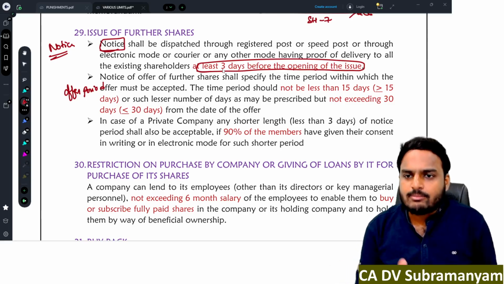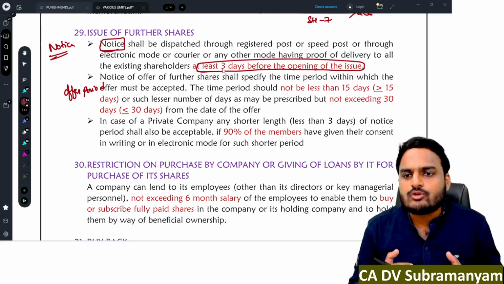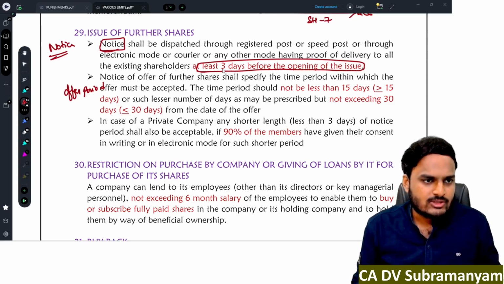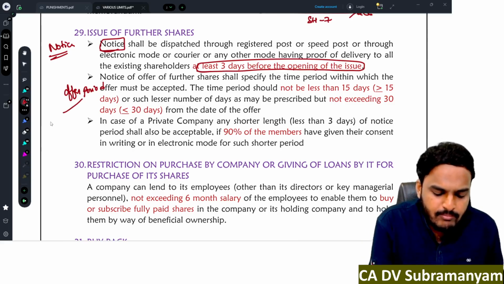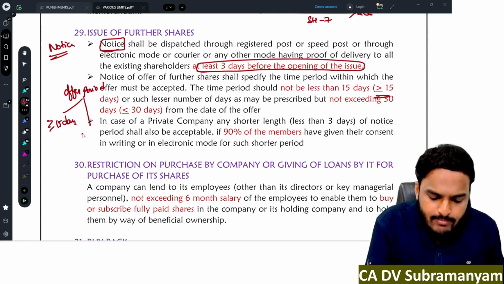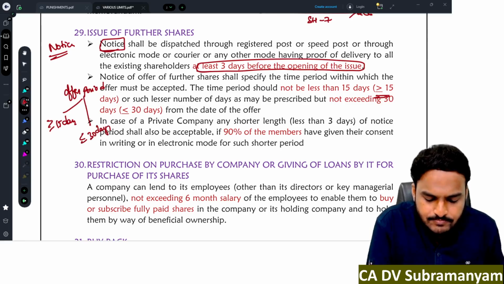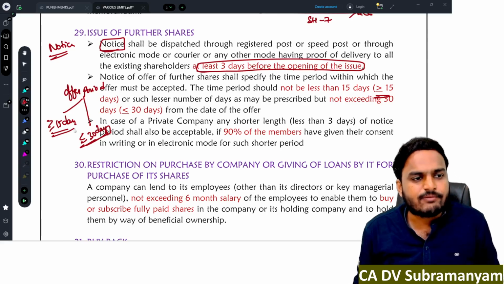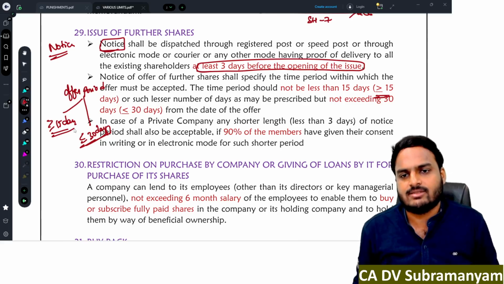And the offer period, that means the period for interested persons who want to file an application for new shares, shall be minimum 15 days, maximum 30 days.